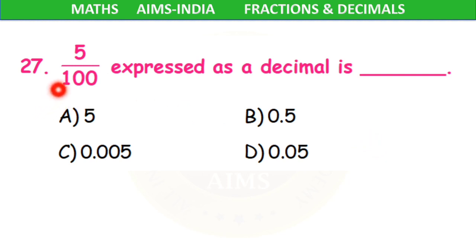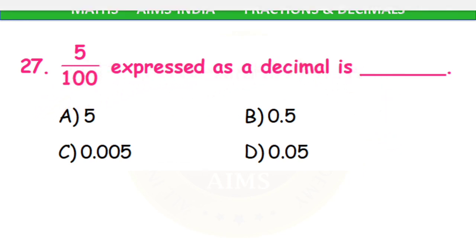Next question 27. 5/100 expressed as a decimal is dash. 5/100. Here our denominator is 100. So we can easily convert it into a decimal. But before that, what should we do children? In the denominator we are having 3 digits.